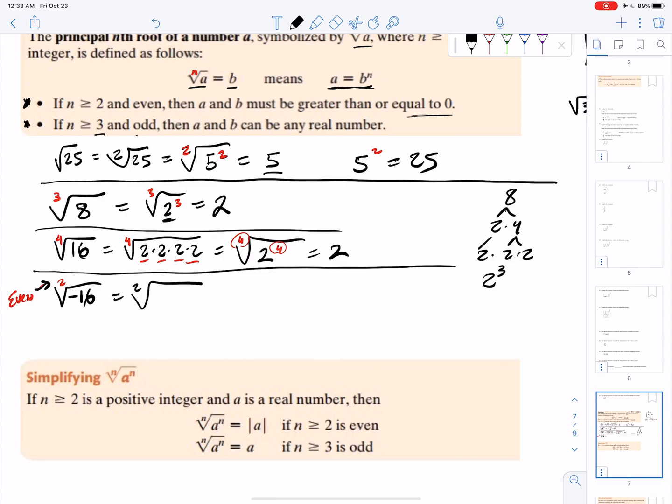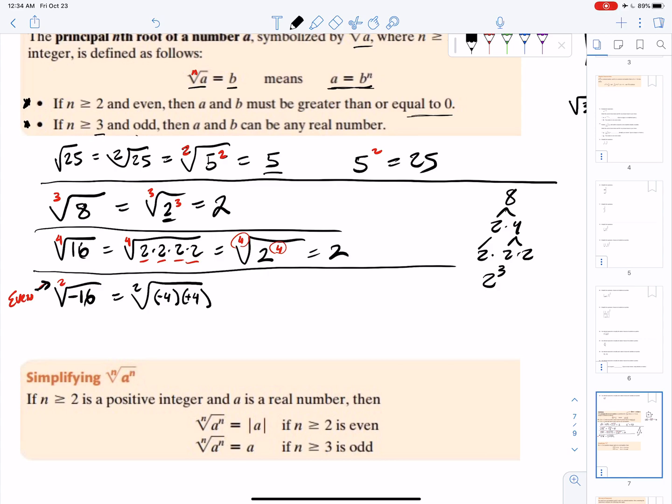because when I'm trying to simplify a square root, I'm looking for 2 of the same exact numbers being multiplied, so it's a perfect square. And if I have a perfect square, it gets simplified by a square root, its inverse. Now the real problem here is to make a negative 16 inside the square root. To make a negative, right, one number has to be negative and the other has to be positive.